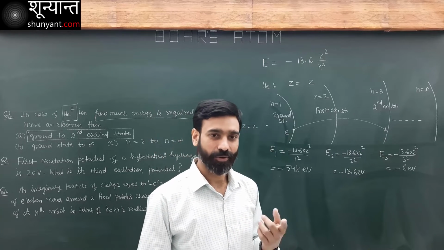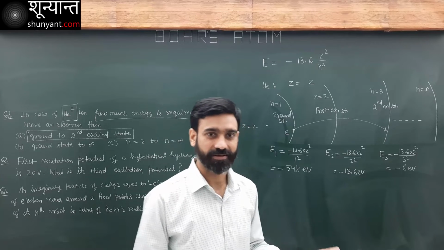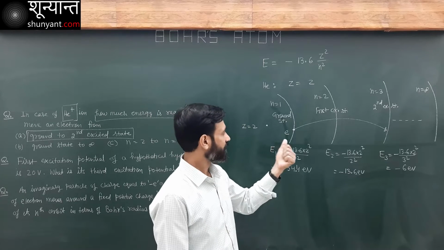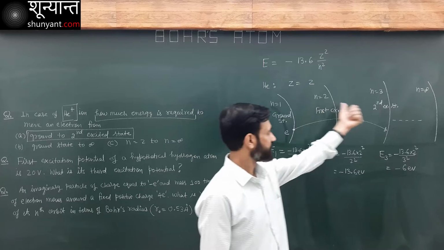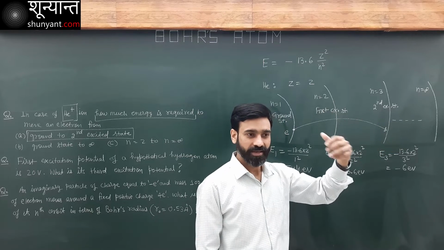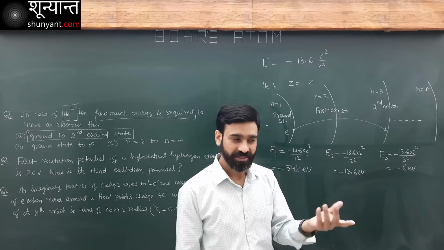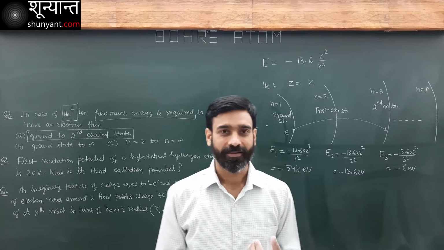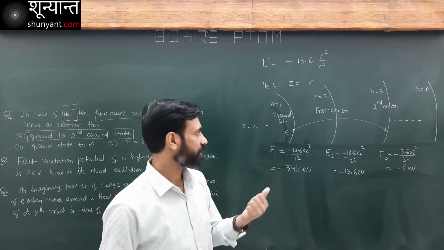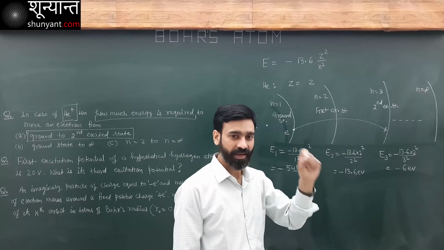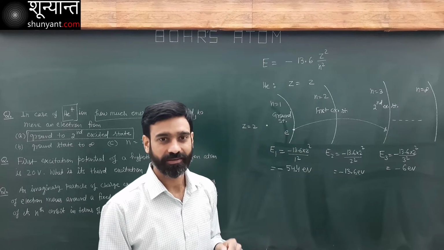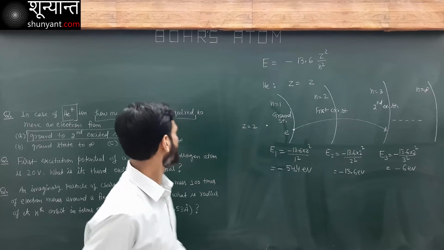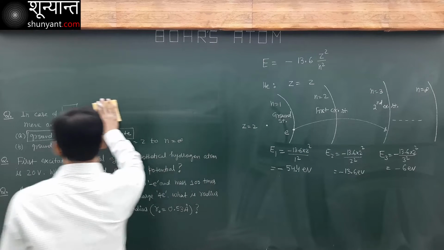So who will supply that energy? I have to supply it. To move the electron from here to here I need to supply energy, equal to the difference in energy.